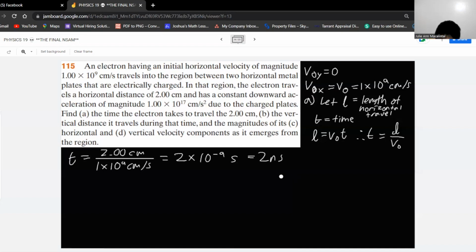Crazy. And then the vertical distance y equals, the acceleration is, I think ilagay mo na plus yung sign para distance yan at hindi displacement.